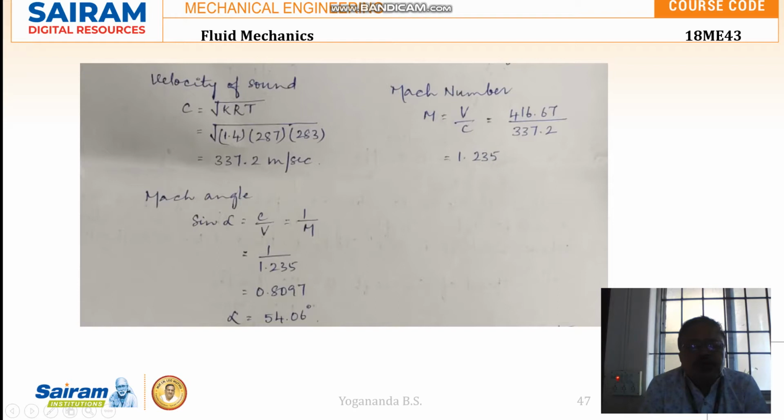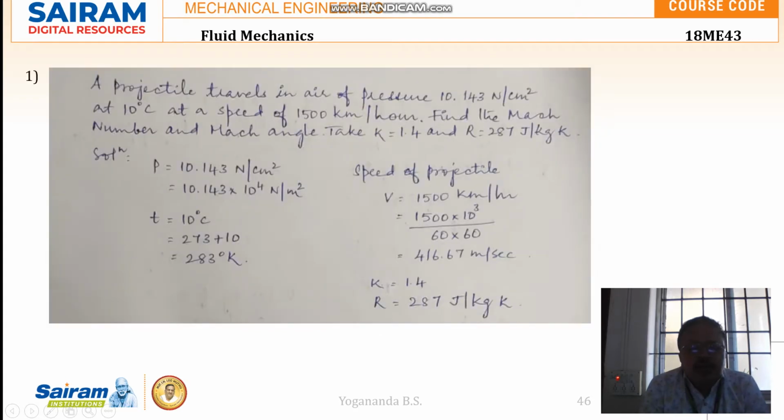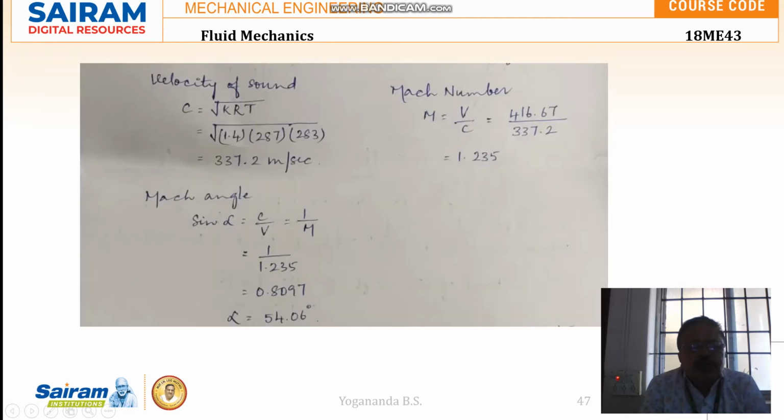We should know the velocity of sound, which is calculated using the equation C is equal to square root of KRT. K is given, R is given, and temperature T is also given, which will be converted into Kelvin. So we get the velocity of sound in meters per second.